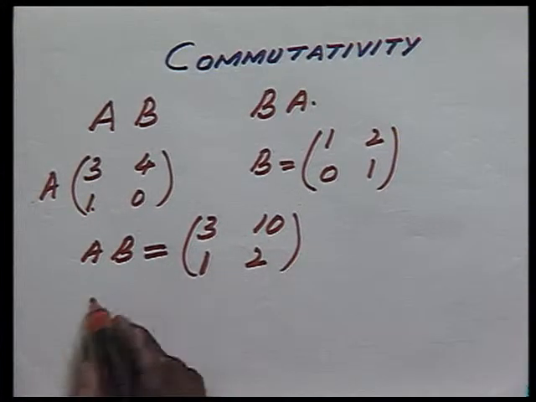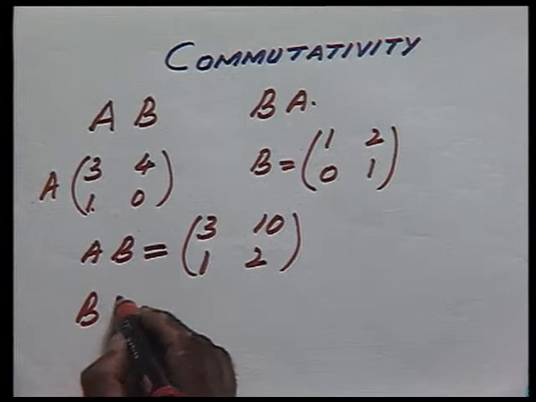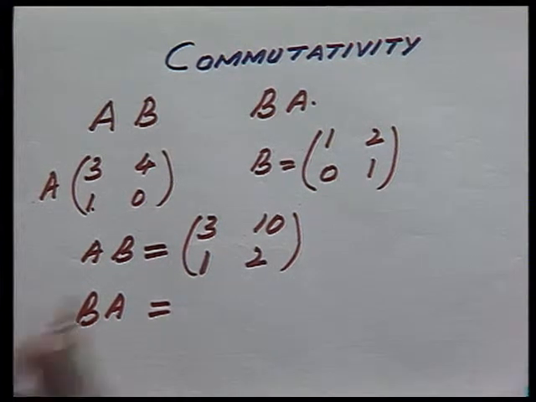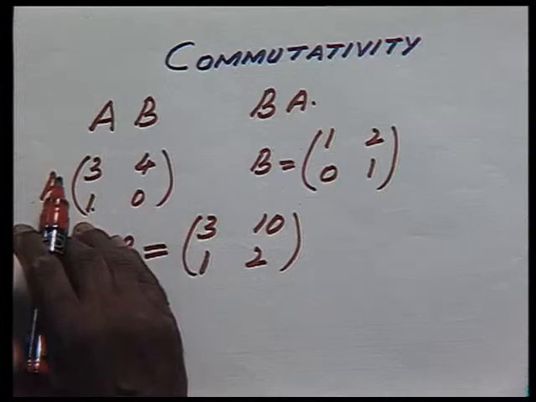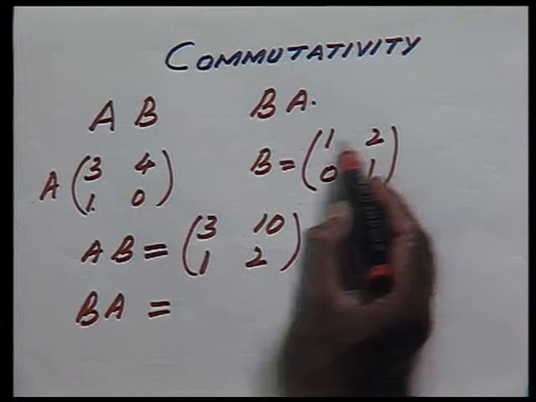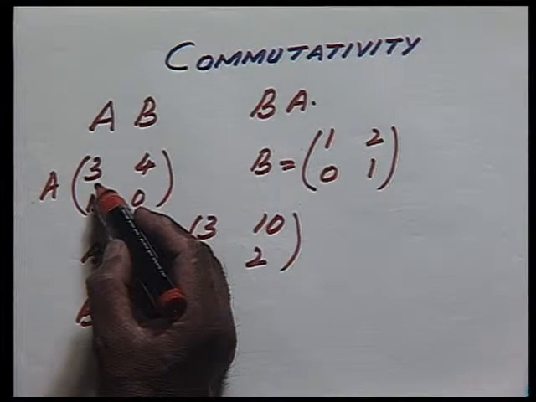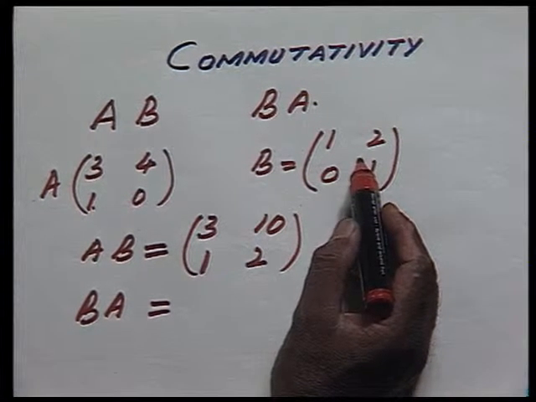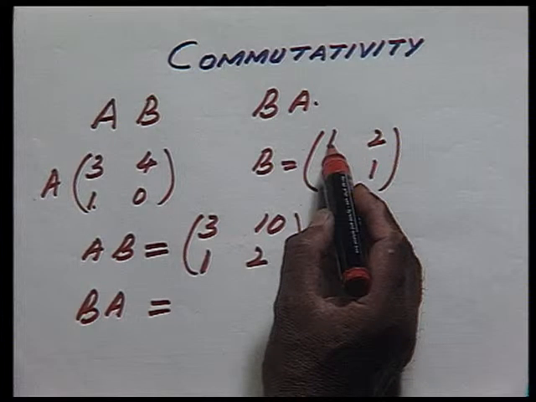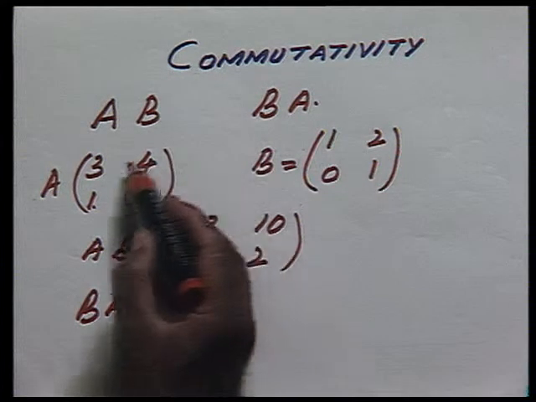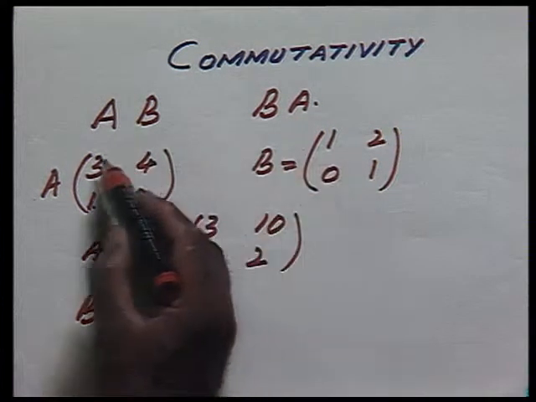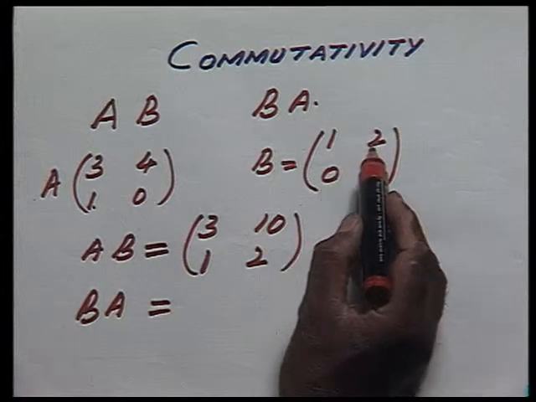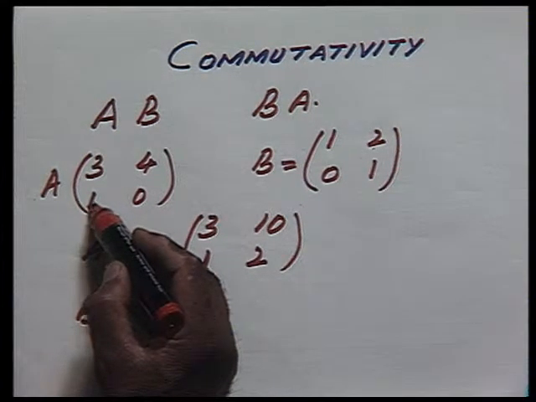Let us see what B A is coming out to be. We will be reversing the process, row from here, column from here. You have got to get into this habit of looking at the right perspective when you are multiplying. So, first row with first column, 1 times 3 is 3 and then 2 times 1 is 2.